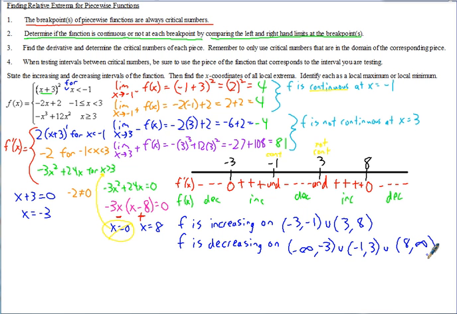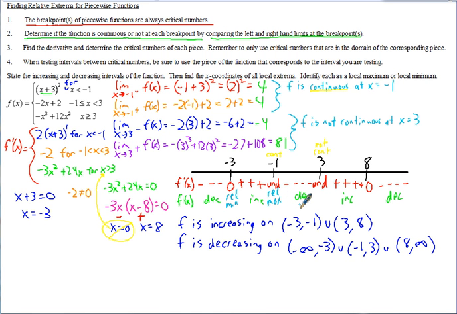And finally, let's look at our critical numbers and see if they're relative mins or maxes, or neither. So -3, first order change from negative to positive, so that's decreasing, increasing, that's a relative minimum. At -1, first order change from positive to negative, increasing to decreasing, so that's a relative max because it's continuous. That means it could be.